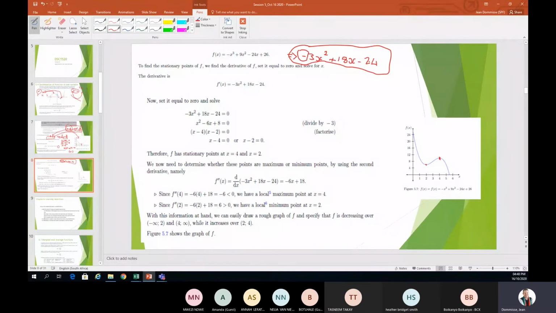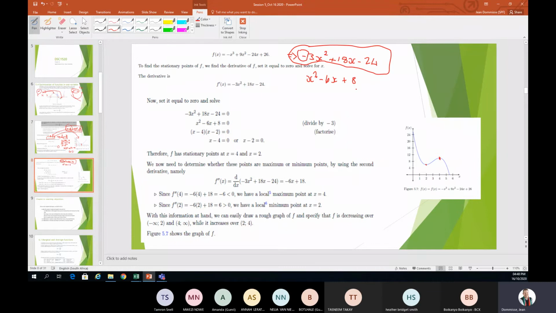So I would just divide all the way through by 3. Actually I will divide by minus 3, then minus 3x to the power of 2 divided by minus 3 gives you x to the power of 2. Plus 18 divided by minus 3 gives me minus 6x. Minus 24 divided by minus 3 gives me plus 8.